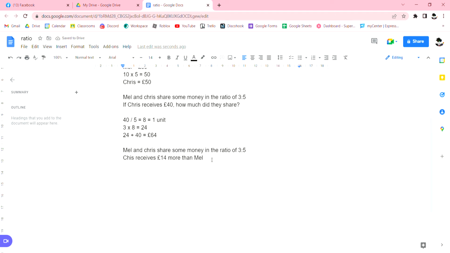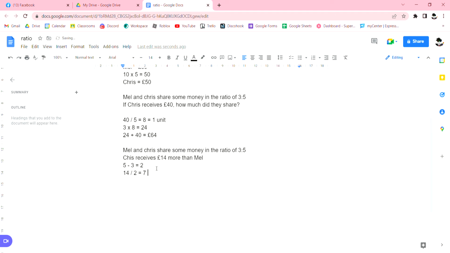What we do is we take the 5 and we take the 3 and we just minus them, so we get 2, because we need to figure out what this difference is between their ratio, and it's going to be 2 units. So then all we do is we divide the 14 by the 2, so it's half of 14, which is 7.